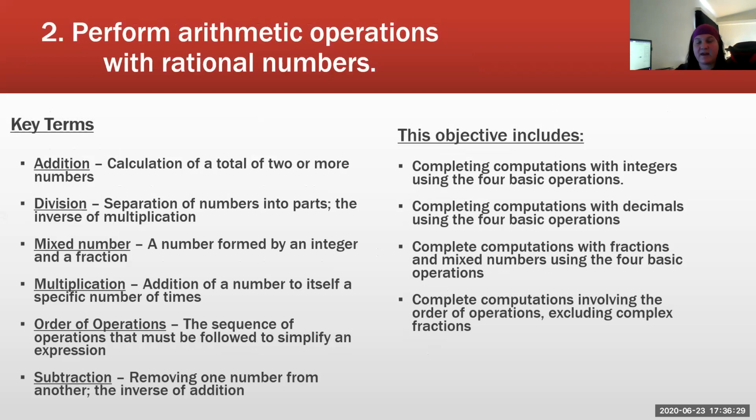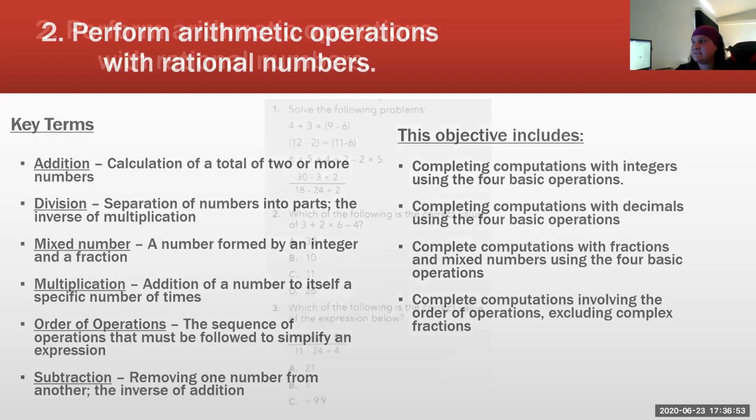With these math questions, we need to complete computations with integers using the 4 basic operations, computations with decimals, fractions and mixed numbers using the basic operations, and computations involving the order of operations, excluding complex fractions. So let's move on and we'll look at the options.